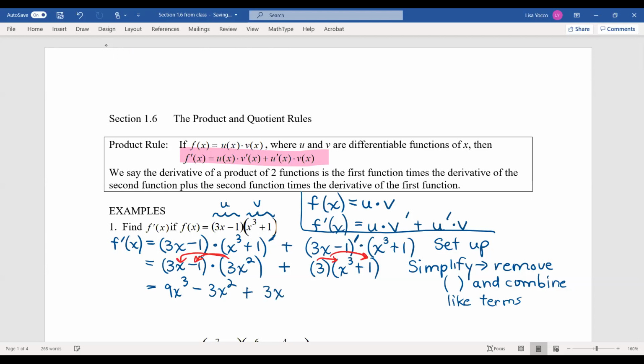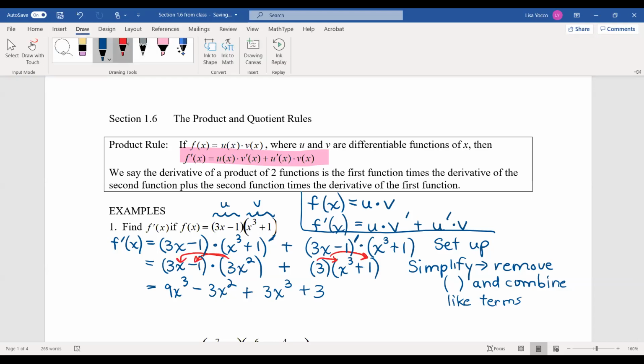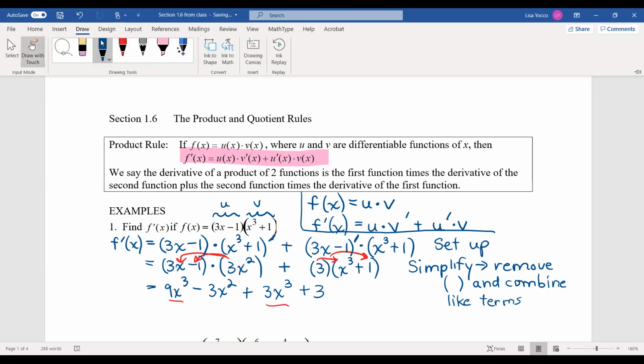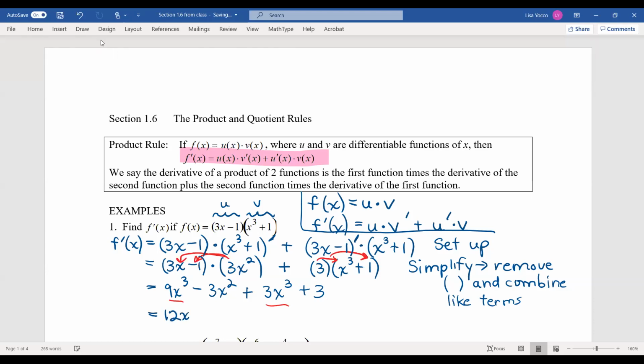Then distribute the 3, so that's plus 3x cubed plus 3, and that's it. No, that's not it, sorry. We do have a couple of like terms to combine. The 9x cubed plus 3x cubed, we can combine those to get 12x cubed, and then minus 3x squared plus 3, and that's our derivative.